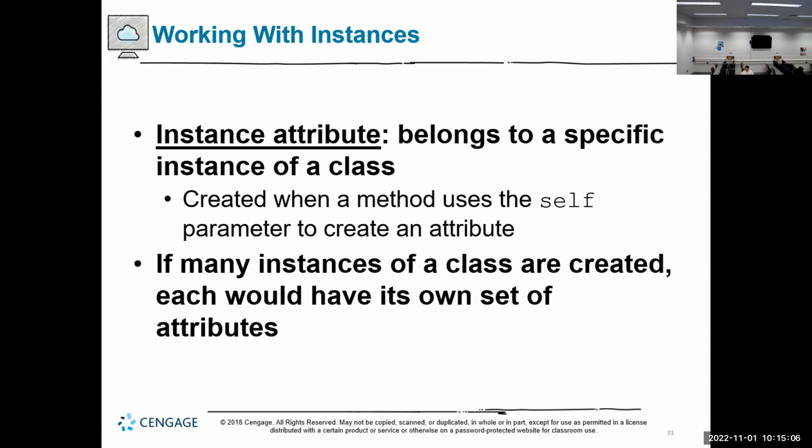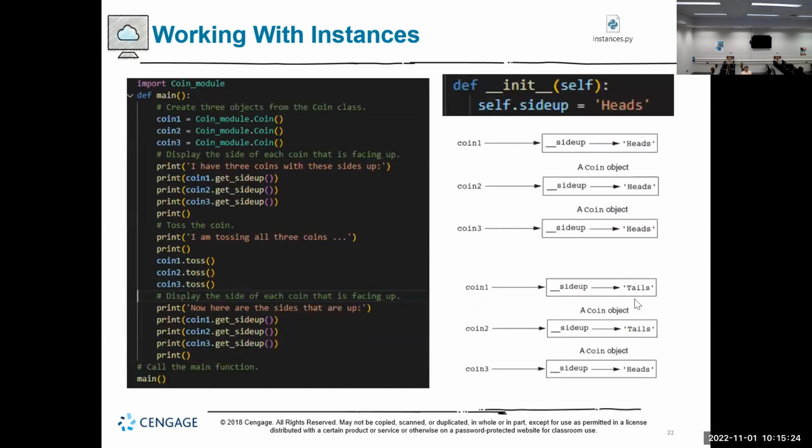It is created when the method uses the self parameter to create an attribute. The self tells you that you are working with the instance. If many instances of the class are created, each would have its own set of attributes.